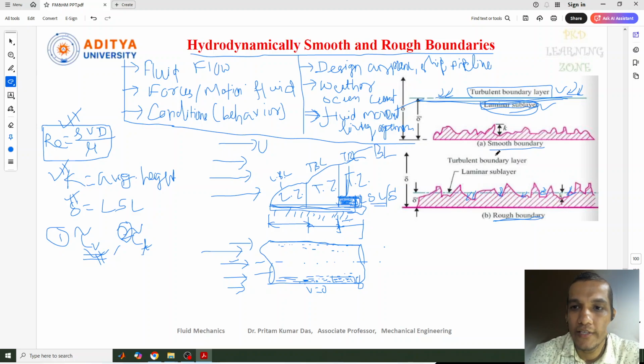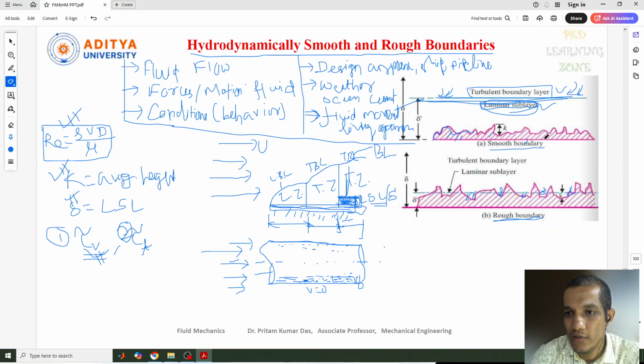Now we'll go for this K value. As I told, this is the average height. This average height is nothing but the irregularities which are there due to the roughness of the boundary. This is a smooth boundary.